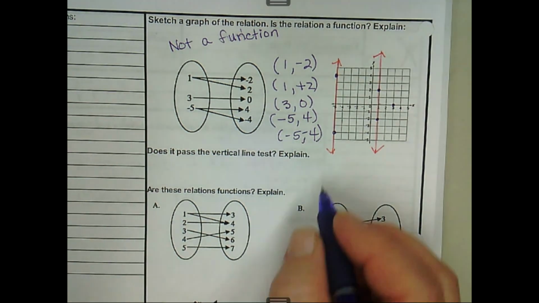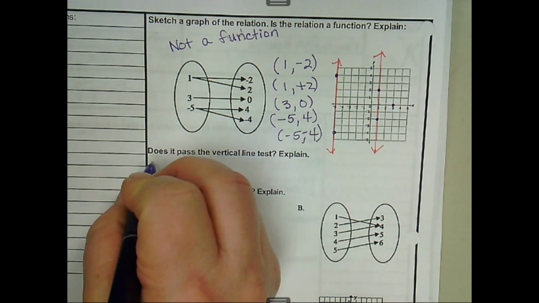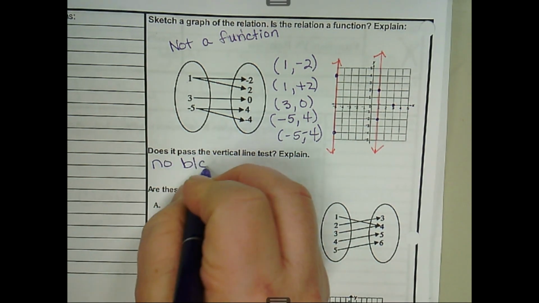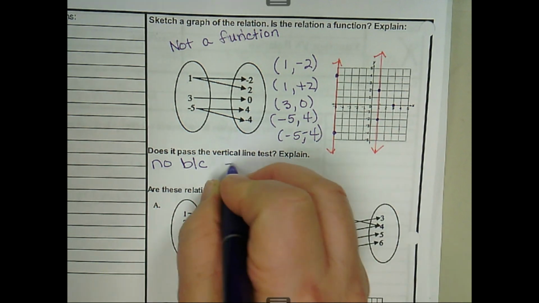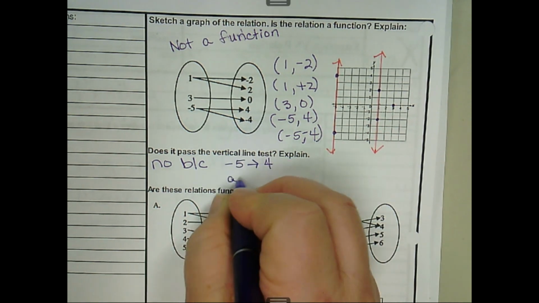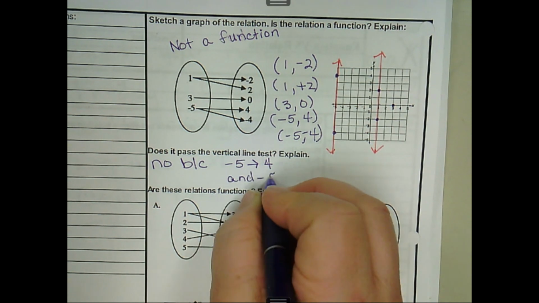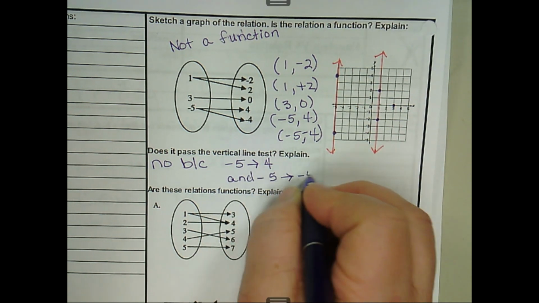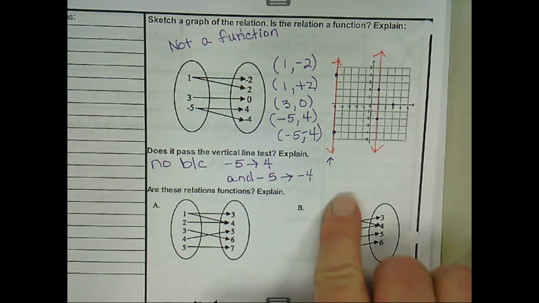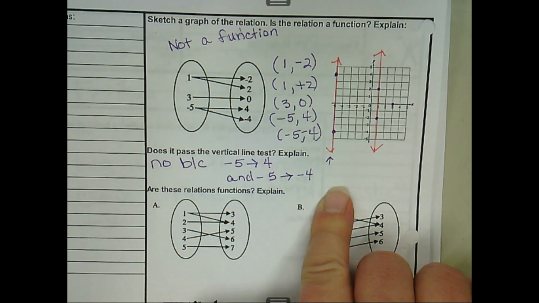So it does not pass the vertical line test because -5 is mapped to 4 and -5 is mapped to -4. This is the line we're looking at, and that's where we know it's not a function.